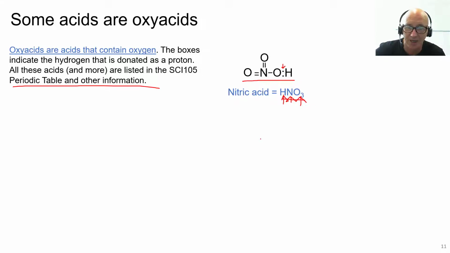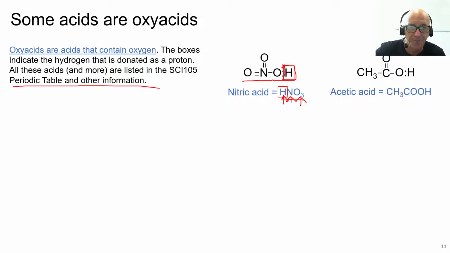So that's nitric acid, and there's only one possible atom that's going to be given up as a proton, of course, and it's this guy here. So this will leave as a proton, and it will leave its electron behind. There it is there, and I'll show you in a minute that you end up with NO3 1-.